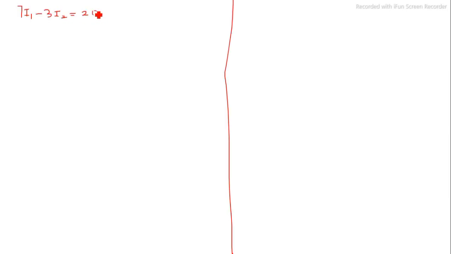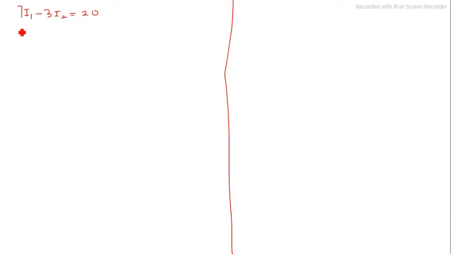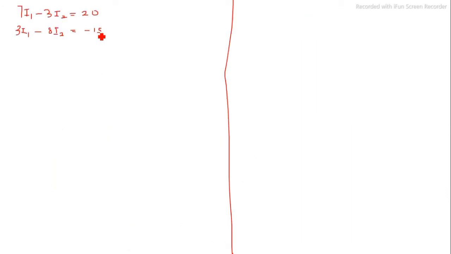Equation 2: 3 I1 minus 8 I2 equals minus 15. So we have these two equations, so let's solve them simultaneously.